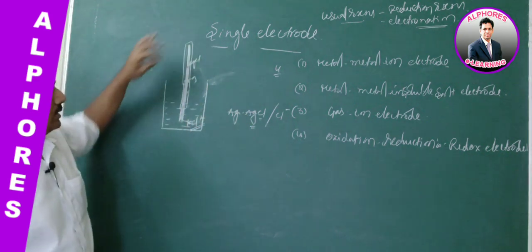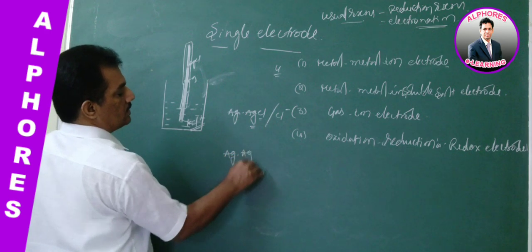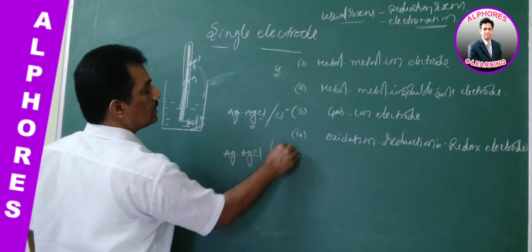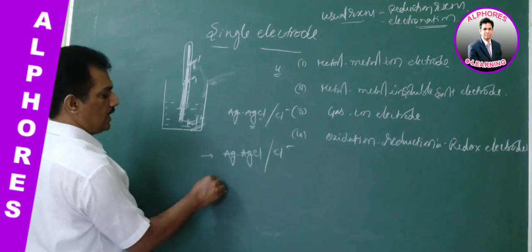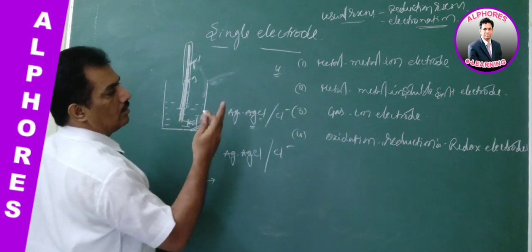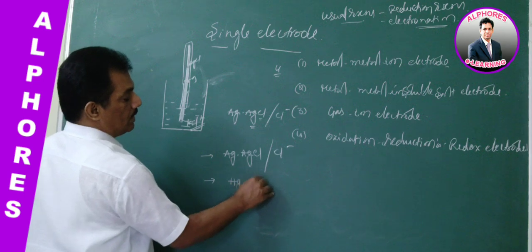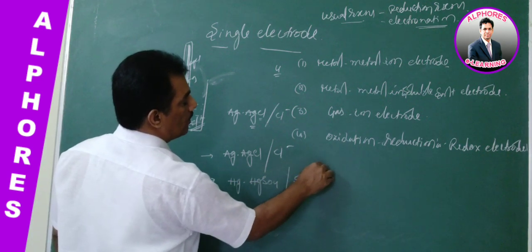That's why. Now let us write these examples. AgCl, that is silver chloride, in contact with chloride ion. Or otherwise, one more example for this type of metal insoluble salt electrode is mercury, mercuric sulfate, in contact with sulfate ion electrolyte.